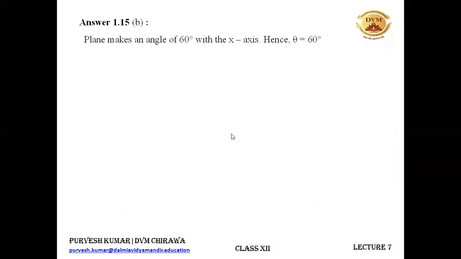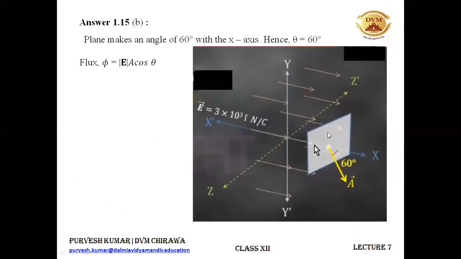Part B, the plane makes an angle of 60 degrees with the x-axis. Like this, it is the scenario now. You have tilted this plane in such a way that the area vector is making an angle of 60 degrees with the electric field. So now the angle between ds and E is 60 degrees. The normal to this plane is making an angle of 60 degrees with the x-axis.